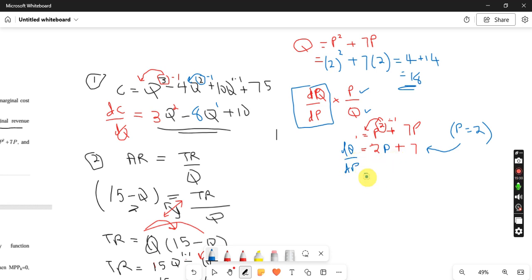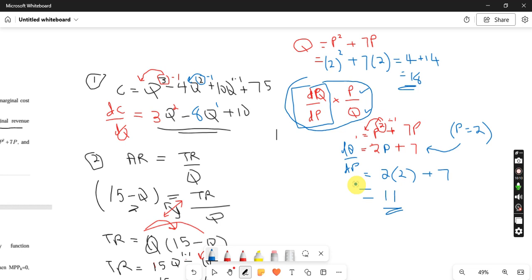When you substitute 2 for P, we say 2 times 2 plus 7. So 2 times 2, that is 4. 4 plus 7, that is 11. Now we've got all the values for our formula, dQ over dP multiplied by P over Q. We derived dQ over dP as 2P plus 7, then we substituted the 2 and got our answer as 11.